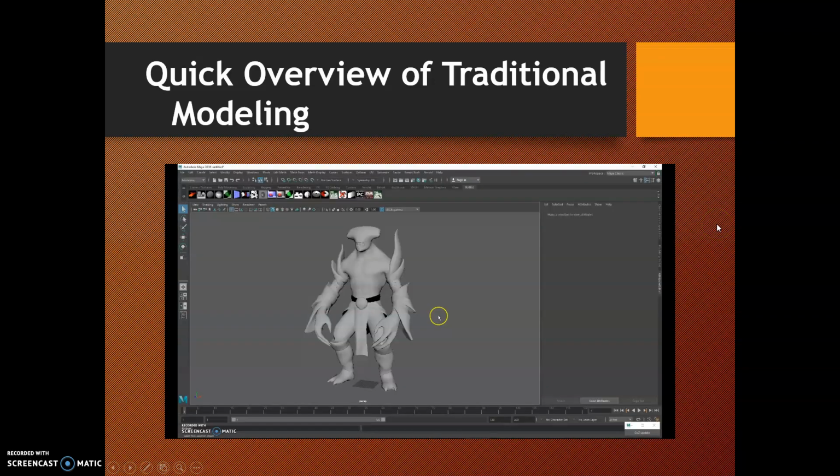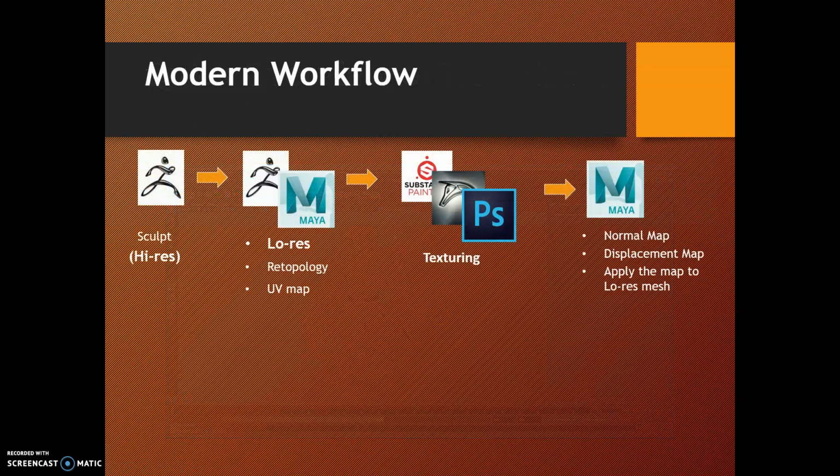Very simple. Now, whereas in modern workflow, you start your high res in ZBrush right away as compared to in Maya. So you do all the character with all the detail. You don't have to worry about topology just yet. Once you finish with your high res, you move on to low res, so it's like doing things backward.